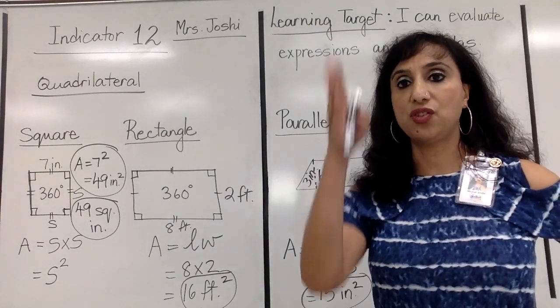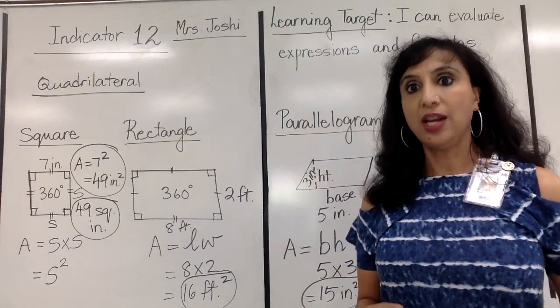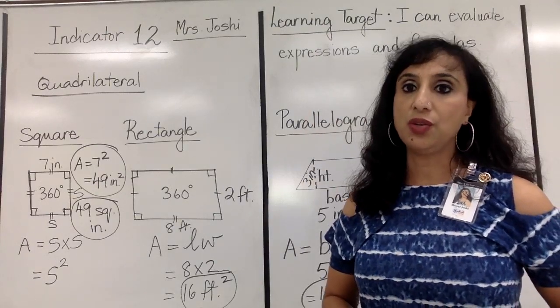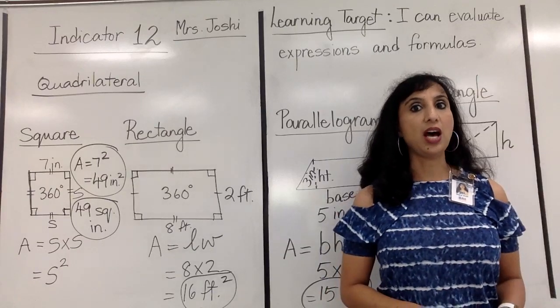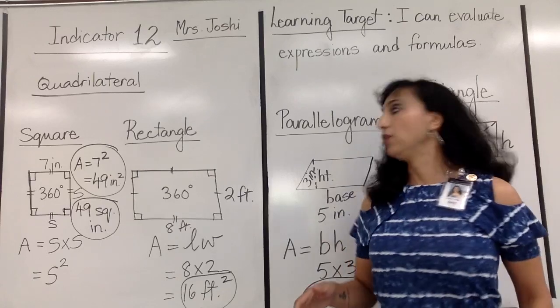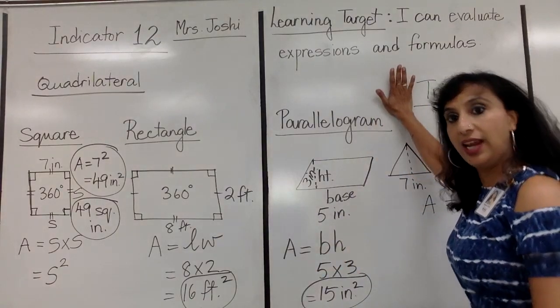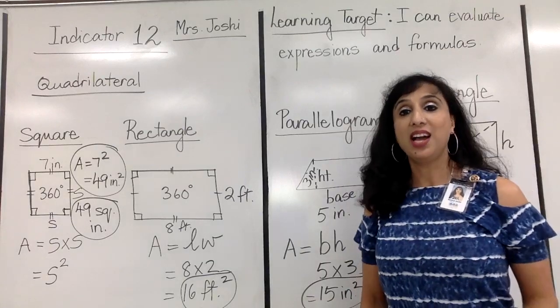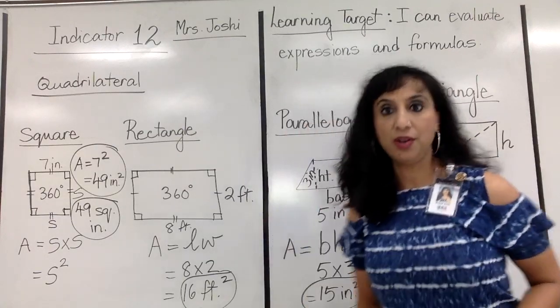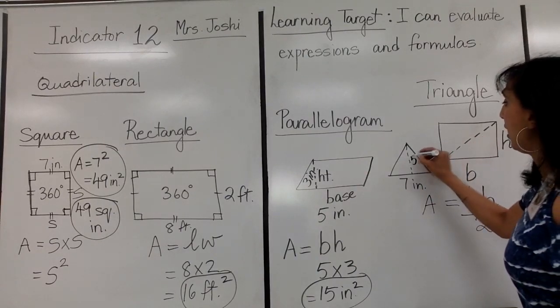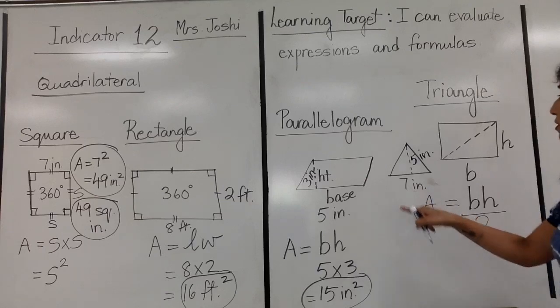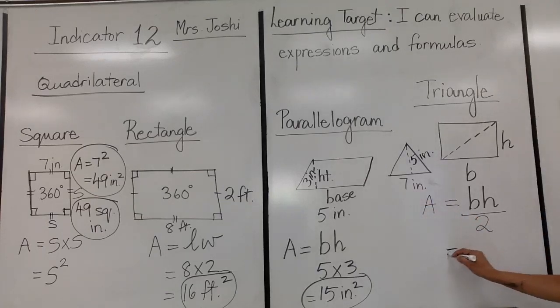The height is always signified by the straight line that goes up and down. Think about it. When you yourself go to your pediatrician and they take your height, you are standing straight up, okay, on that scale. You are not going like this in a slant, okay? So that is why height is always going straight up and down, okay? So let's say the height is 5 inches. So the area of this triangle would be base, which is 7, times, well, let me just give you one.